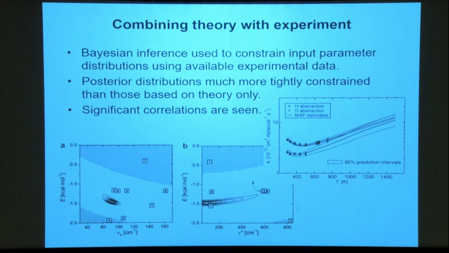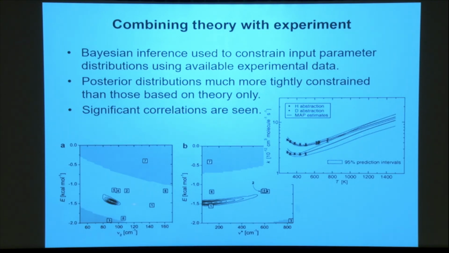So what we've got here now is the constrained model using basically available experimental data. And what you can see here is that the posterior distributions are far more tightly constrained than when a priori theory was just used on its own. And so the experimental data here is reducing the uncertainties in those barrier heights, and that's feeding through to a better constraint on the predicted rate constants.